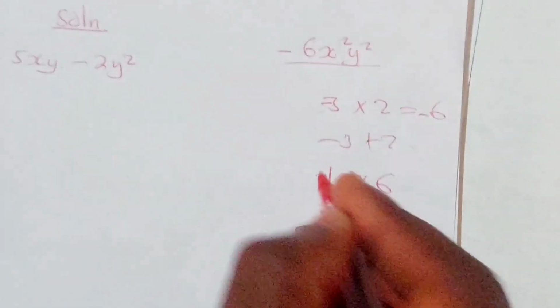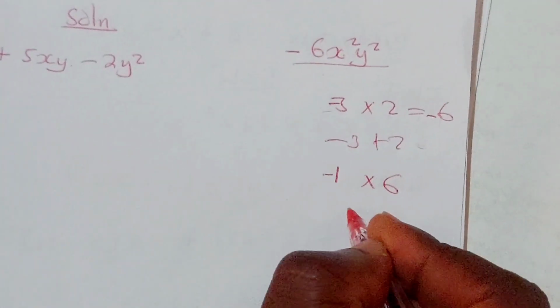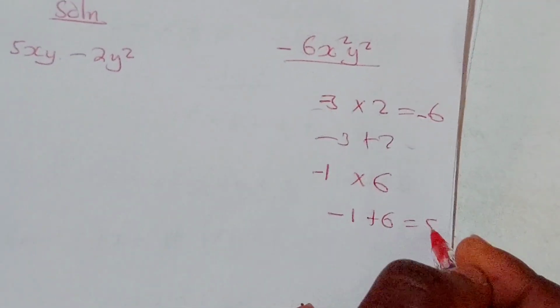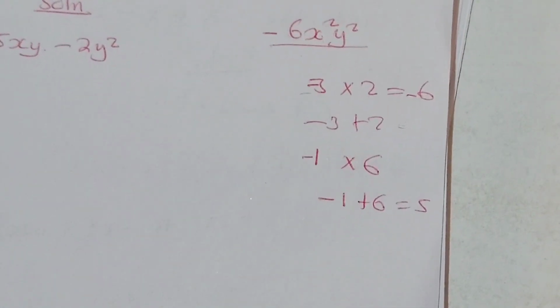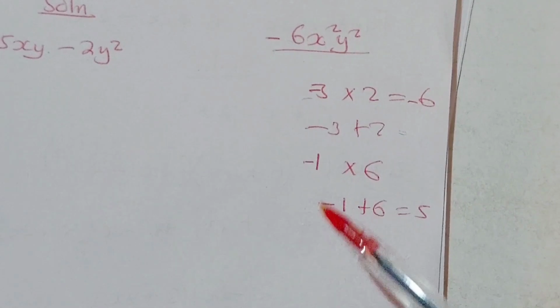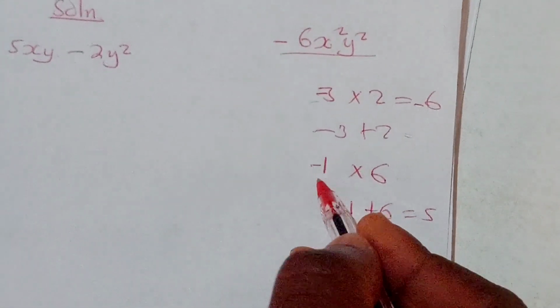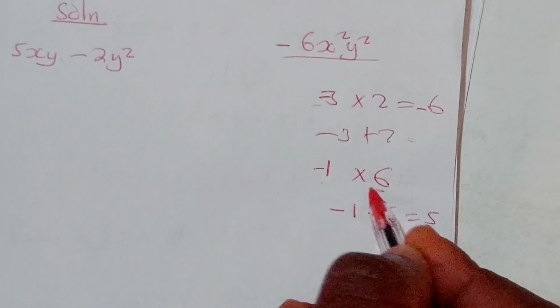But 1 should be negative, so that when we say negative 1 plus 6, we get positive 5. So our product has given us the factors negative 1 and positive 6. So we are going to follow this one.